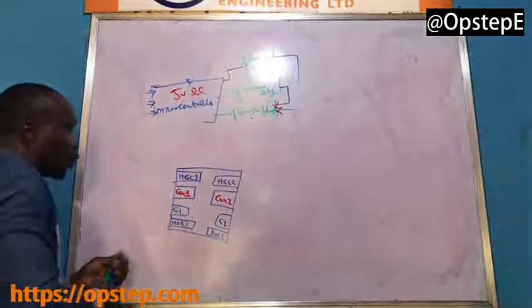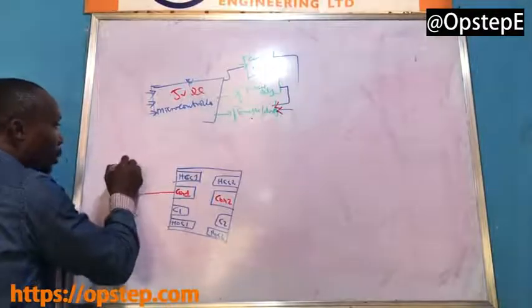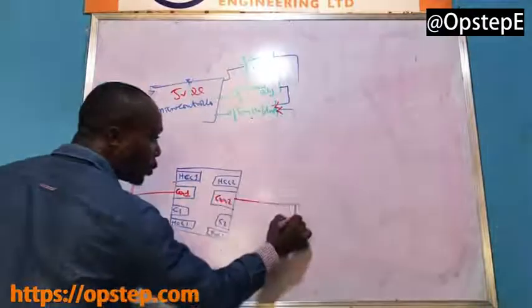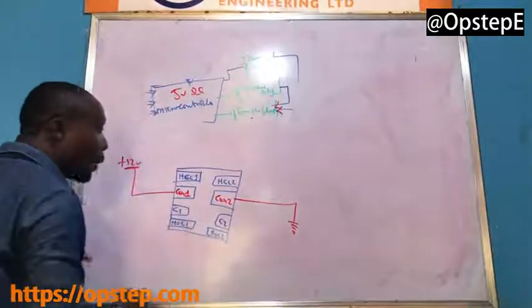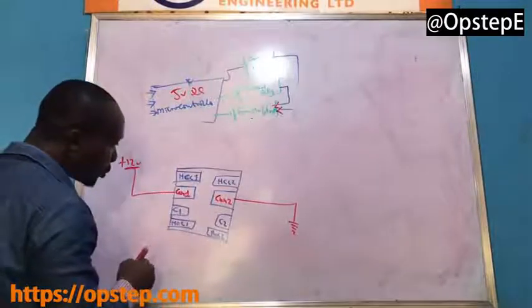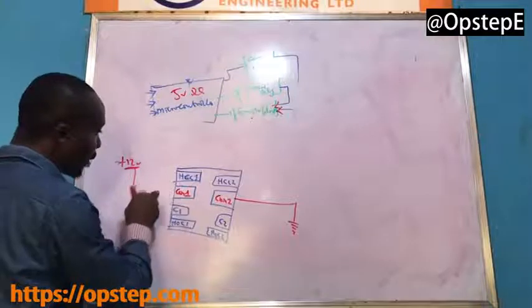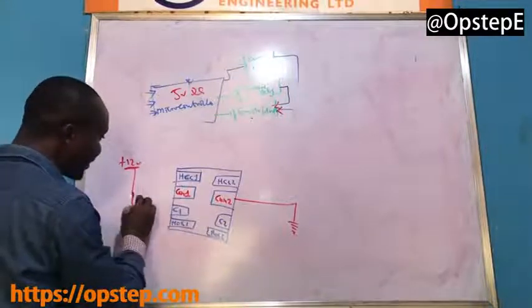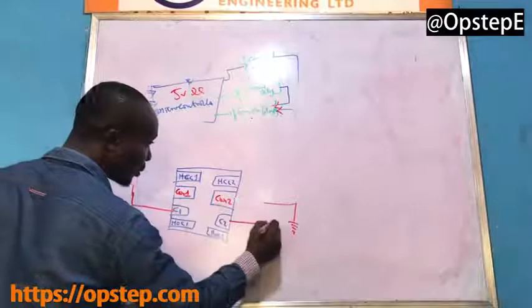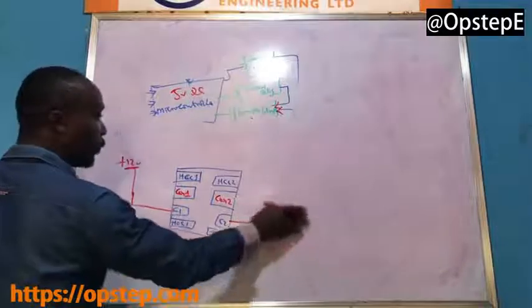Whenever you apply positive 12 volts to the first coil and you put the ground of your supply, what happens is that your wiper or your common, oh, this is coil now because it's red. You following? Yeah.